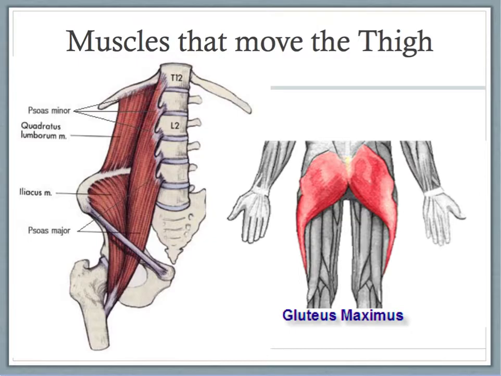So here are some pictures. This is your iliopsoas muscle here. So your iliacus is this one, and your psoas major goes all the way up. But that is your hip flexor itself. So they both function to pull your thigh upwards, flex at the hip. Your gluteus maximus, again, originates here at your sacrum, your coccyx, all there.